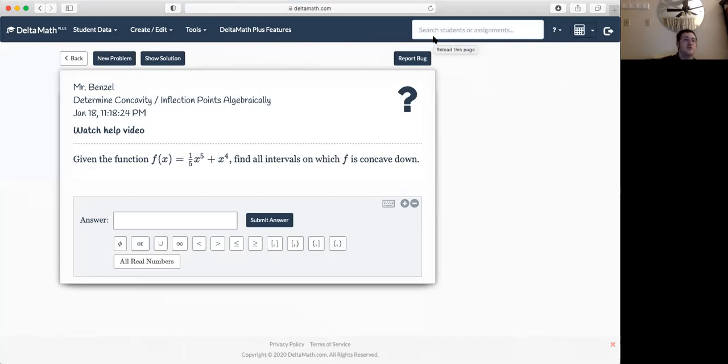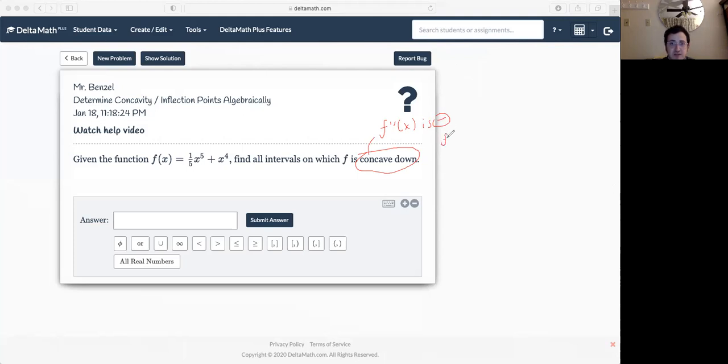The other flavor of question that you're going to get is determining the interval for which it is concave down. It is the same procedure here. What we're looking for is that f double prime of x is negative, or less than 0. It would be nice to know first when f double prime of x is equal to 0.